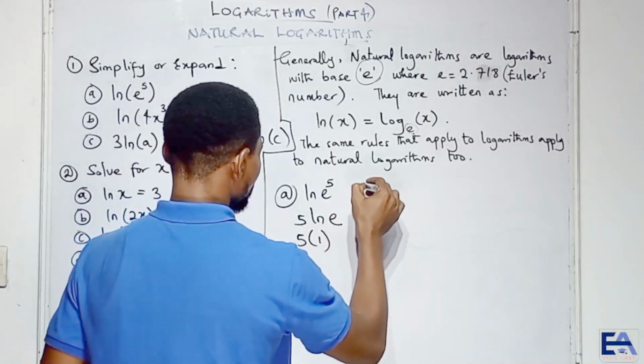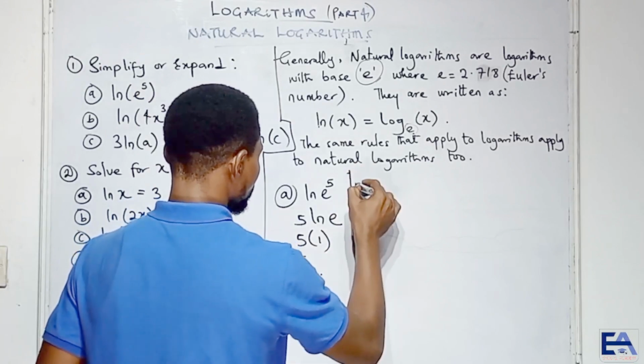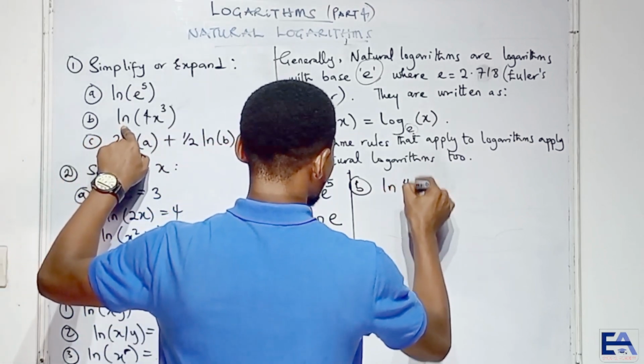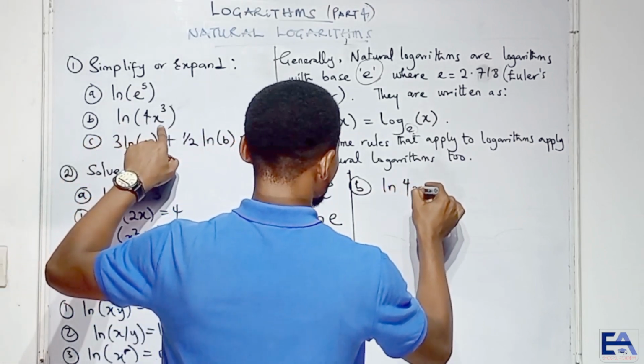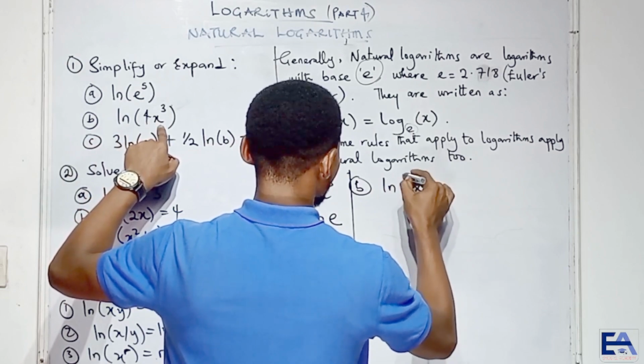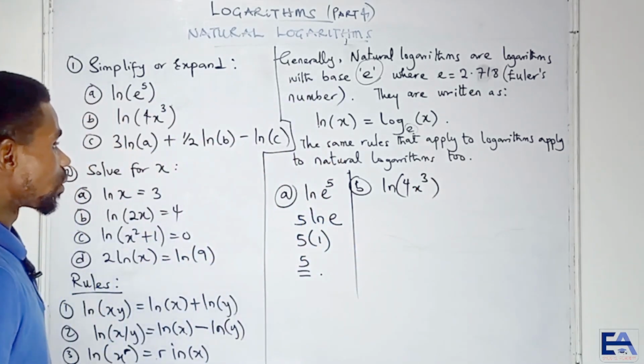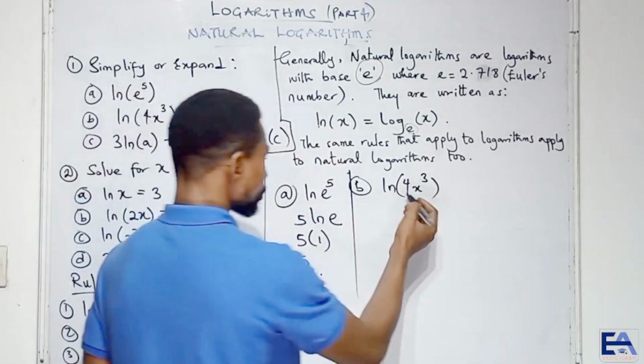Now, let's quickly check out B. B says ln 4x raised to the power 3, altogether. So we apply the product rule.